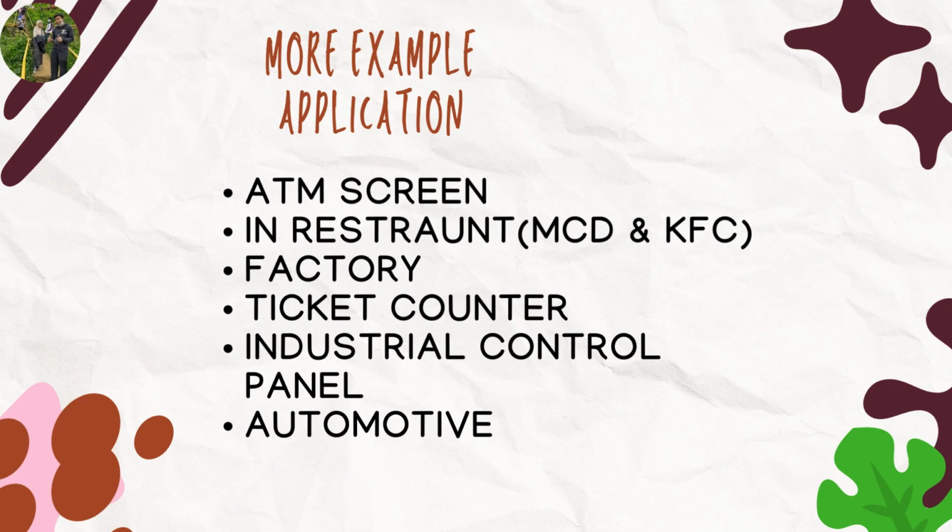And in factories, because the factory needs to have data on every component there. And you can also see it in the automotive factory that produces cars or anything else. So that's all.